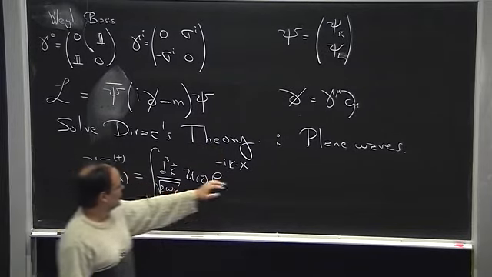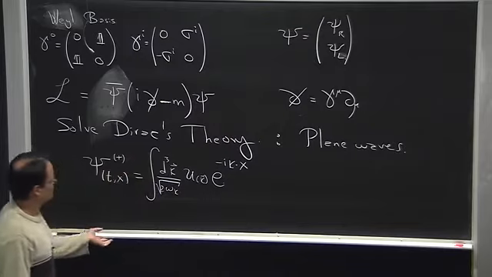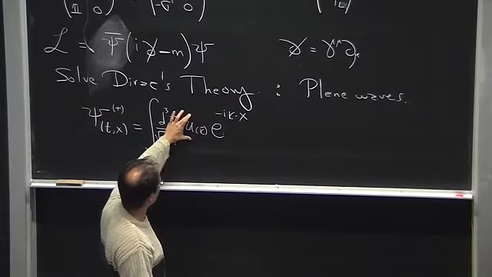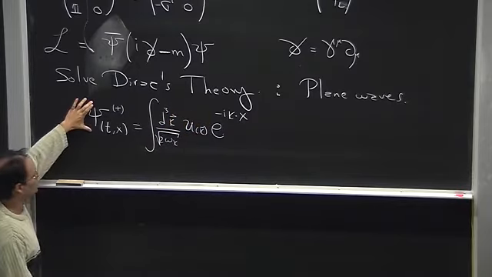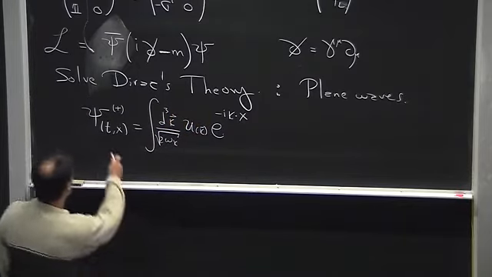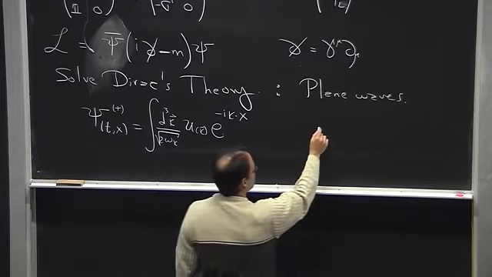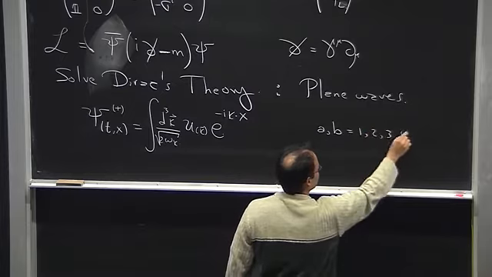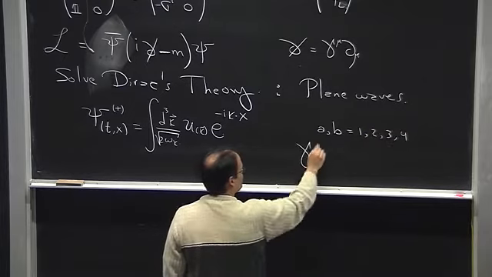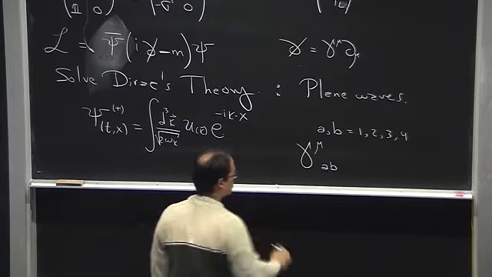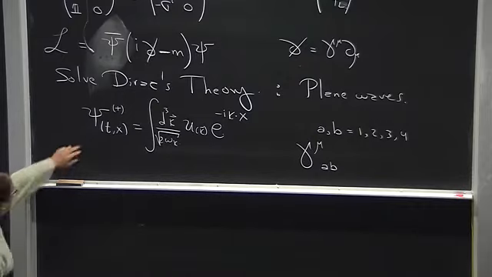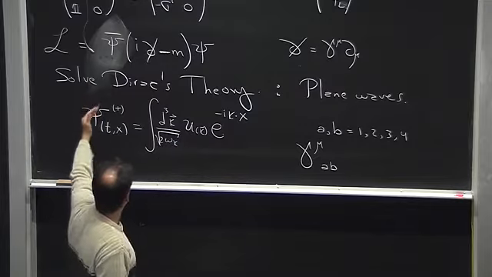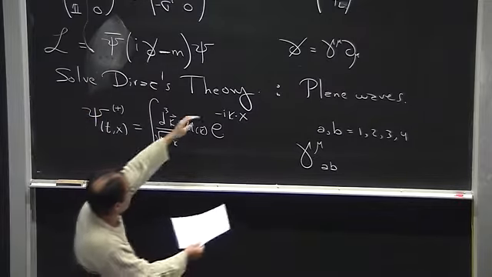These are solutions with positive frequencies, so let's just take this part and study what this has to be. This is a 4-component object because, of course, this was a 4-component object. So if you wish, we can give an index. Let's say that we have indices A and B that go from 1 to 4. Our gamma matrices also have indices A and B. Those would be the components. And there is an index A here, and there will be an index A. But as a vector, or as a 4-component object, we can just write this. Okay?